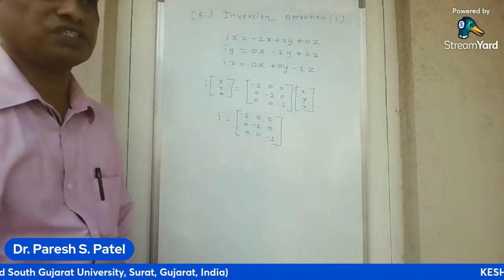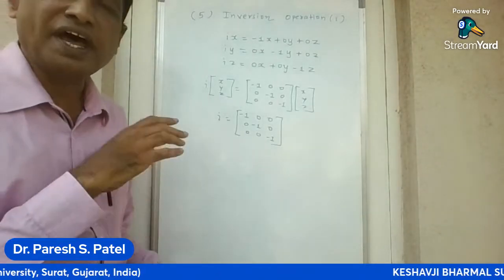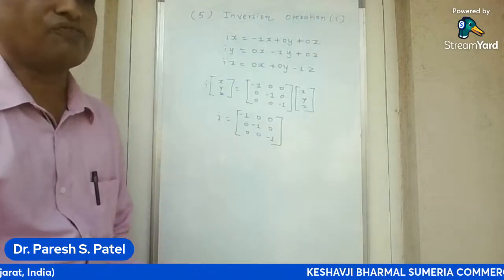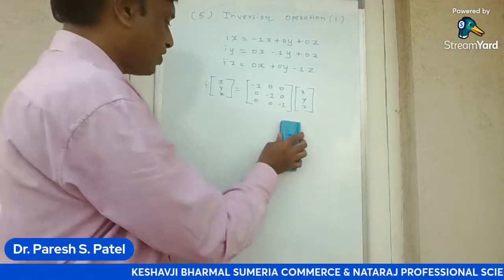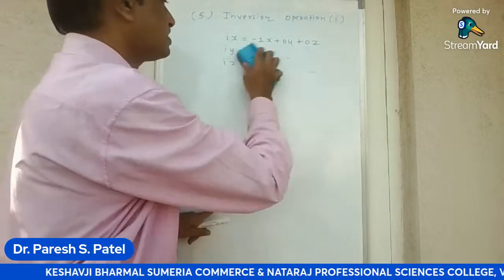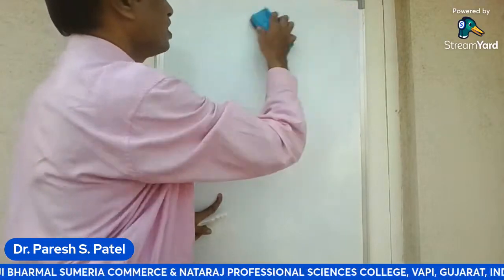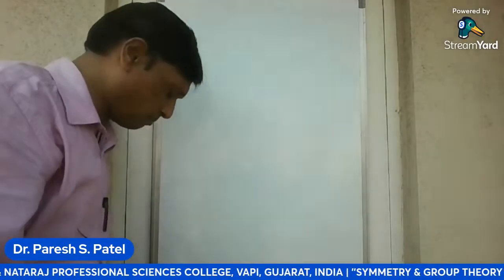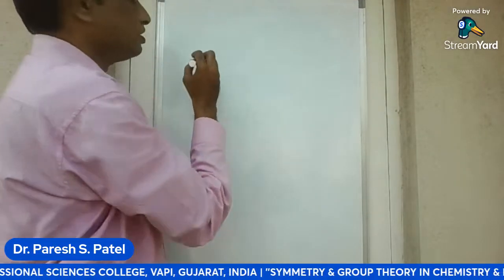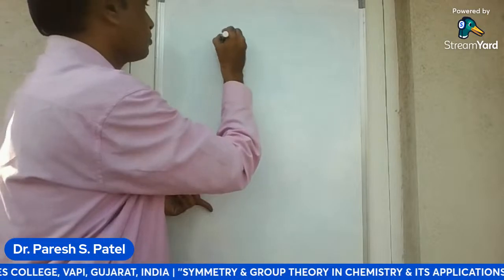So dear students, these are all the derivations of the different symmetry operations. Now, how do we find the symmetry matrix representations? How do we give the matrix representations for different molecules? As an example, give the matrix representations for the water molecule.